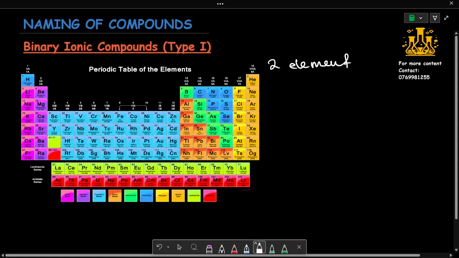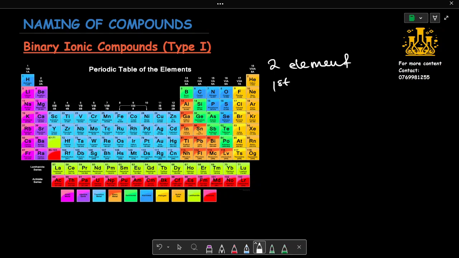elements, one of which is a metal and the second one is a non-metal.